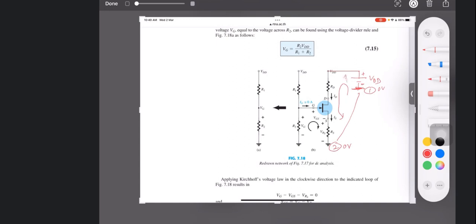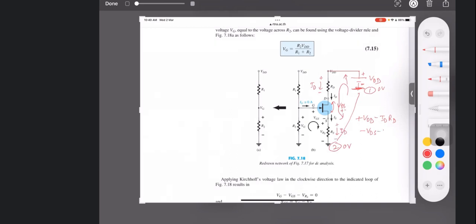This is the first point, minus to plus, plus VDD. Across this, it is IDRD. So current flows from higher potential to lower potential. Then we have this VDS. This is the positive side, this is negative, so minus VDS. This is ID into RS.